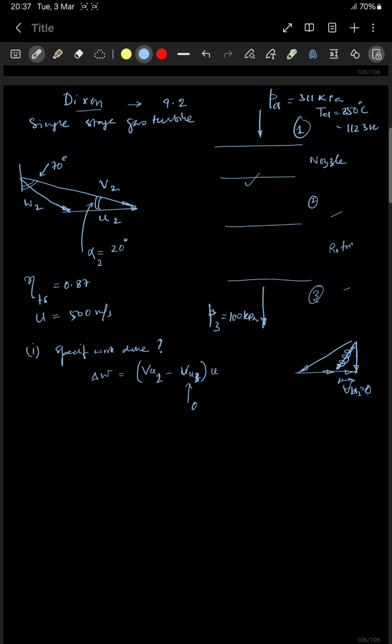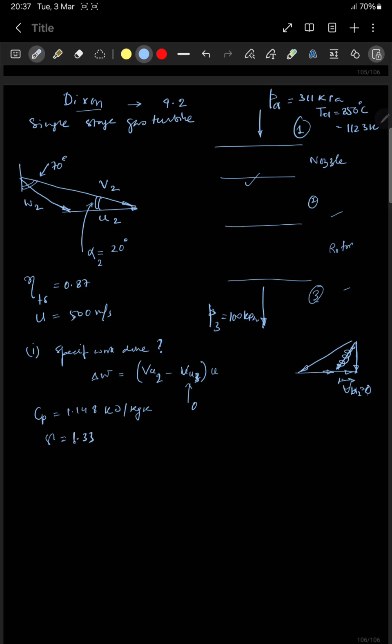Now we are also given Cp is 1.148 kilojoule per kg Kelvin, and gamma is 1.33.